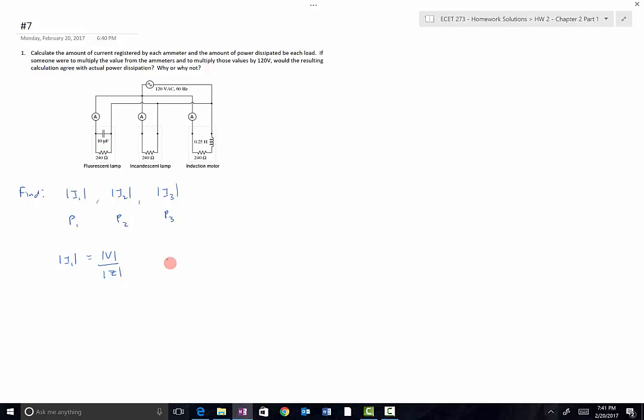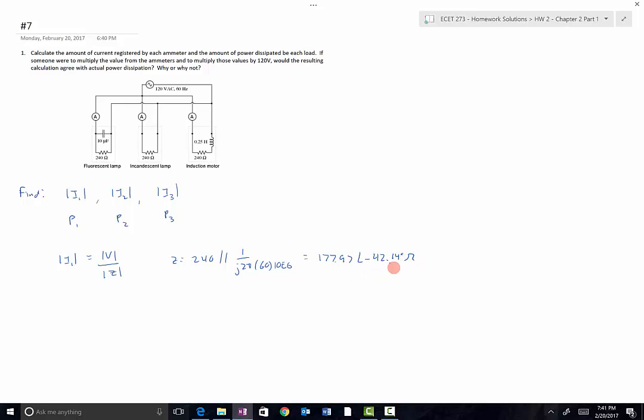So Z is going to be equal to 240 in parallel with 1 over j 2 pi, frequency of the system is 60 hertz, and then the capacitance is 10 e to the minus 6. So if we do that, we get 177.97 at an angle of negative 42.14 degrees ohms.